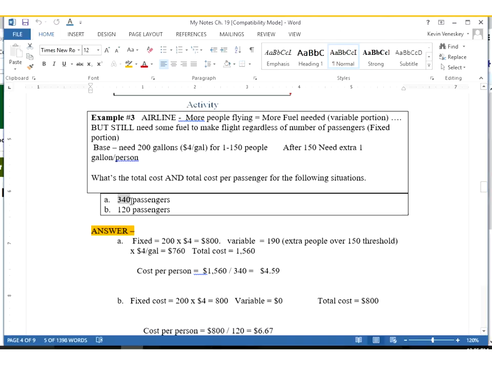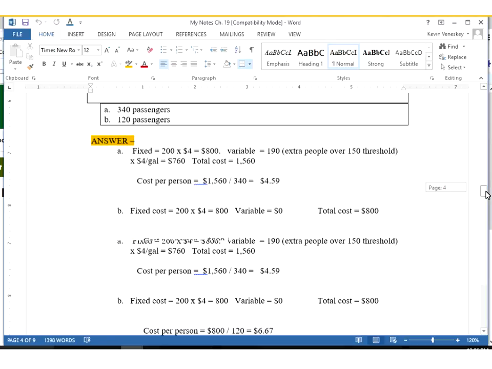So what I want to know is what's the total cost for 340 passengers? And then broken down, how much does it cost per person to fly 340 people? And then do the same for 120 passengers. So go ahead and pause the video, work this out, see how you do, and then we'll go through the answers.